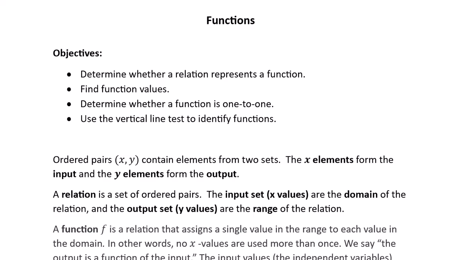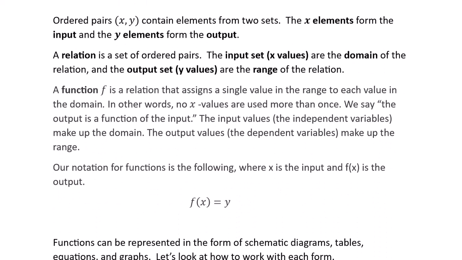A function f is a relation that assigns a single value in the range to each value in the domain. In other words, no x values are used more than once. We say the output is a function of the input. The input values, or the independent variables, make up the domain.